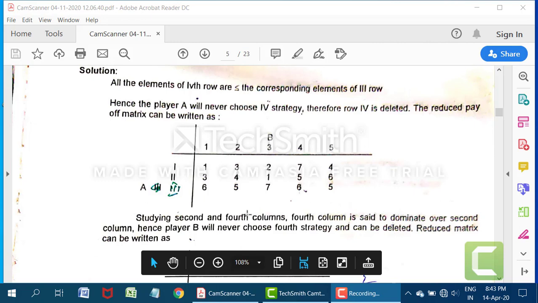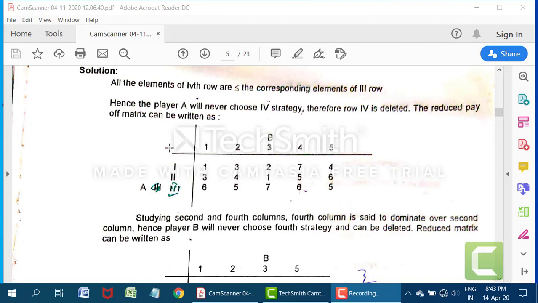Now consider the columns. In all the varying conditions of the game, think about the player B. What will be the thinking of B? Assume that A is going to play with all his available strategies 1, 2, 3. B will minimize his losses. After all, B is the minimizing player. He would like to minimize his losses.